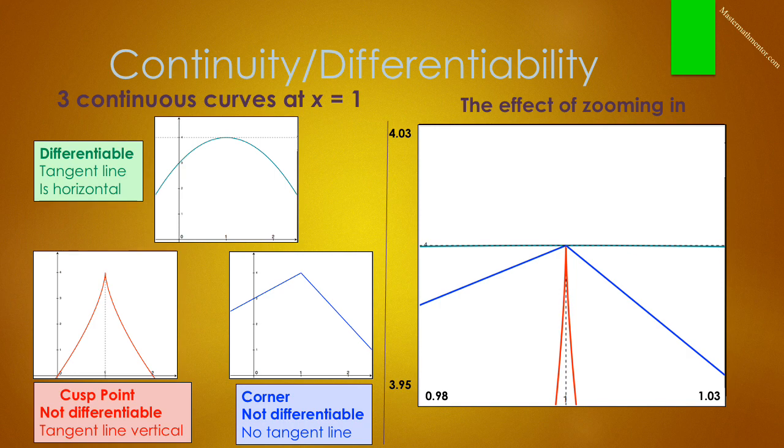The green curve is now almost a straight line. This happens because of local linearity. However, the cusp point curve has now gained a sharper cusp point. Obviously, it is still not differentiable. And notice that the corner has not changed. No matter how much we zoom into the corner, it still remains a corner.